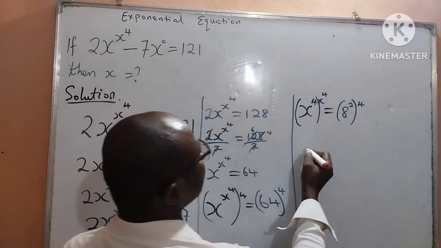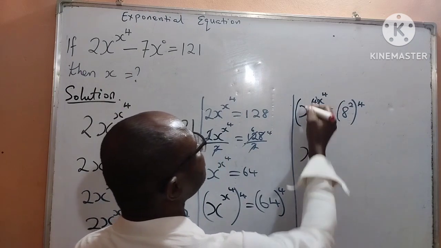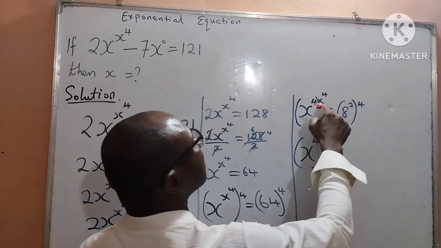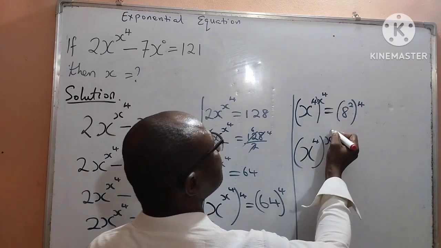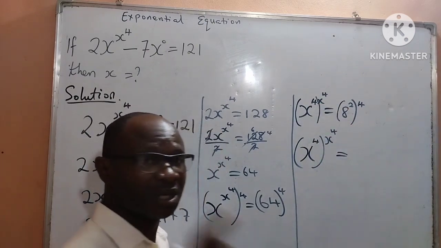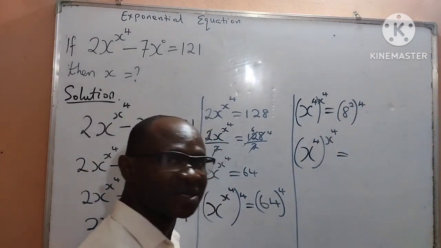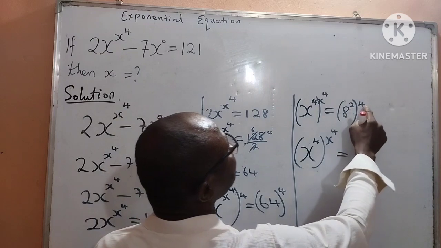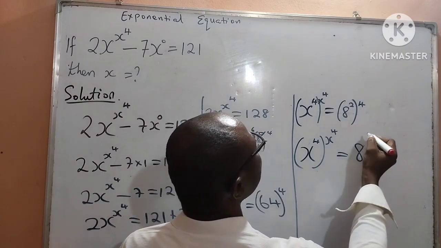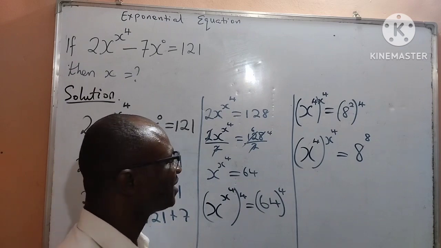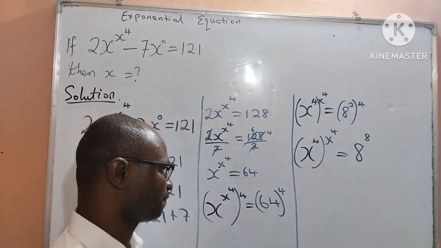That is, I have x raised to the power 4, then x again raised to the power 4 equal to, remember that the one inside can multiply with the one outside. So 2 multiplied by 4 will give me 8 to the power of 8. I am good to go. You know, math is life.